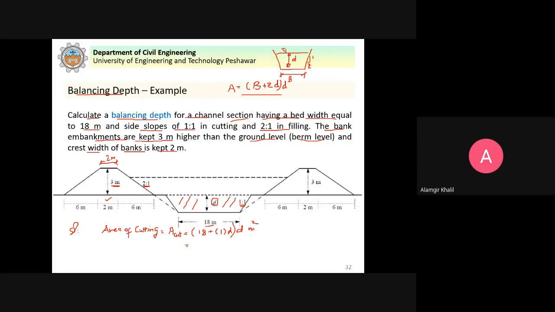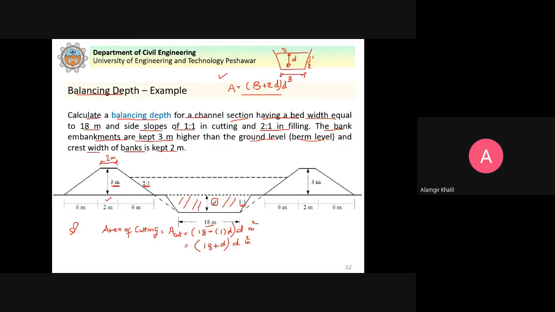So now if you simplify, this will be equal to 18 plus D into D square meter.